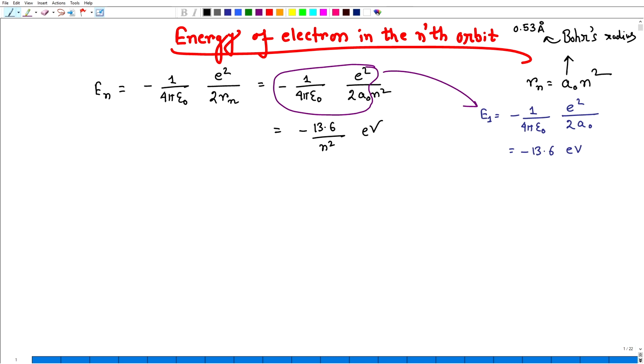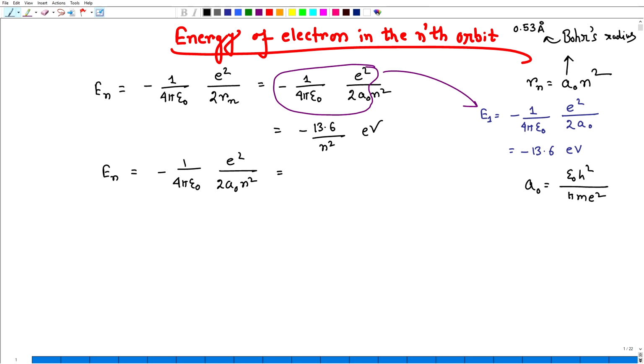Again, if you remember, we have also done this expression. If we put the expression of a naught, what was the expression of a naught? It was epsilon naught h square divided by pi m e square, and the value is 0.53 Angstrom, but the expression was this.